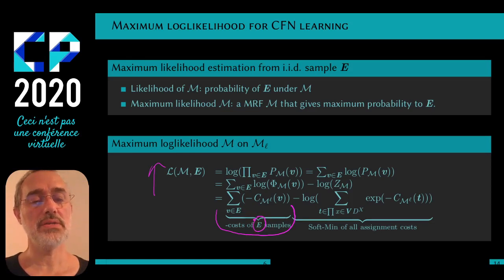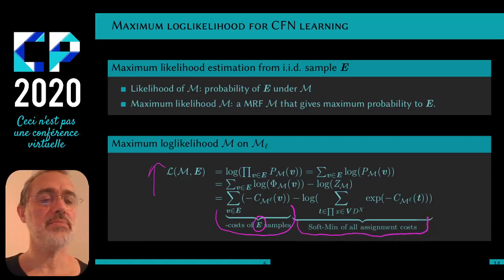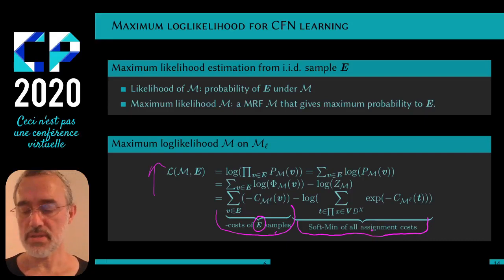They are high quality, so they should have low cost. And at the same time, we will try to maximize the soft minimum cost of all possible assignments. So creating some sort of contrast between the training set and the rest of all possible assignments, which fits our previous target very well in practice.